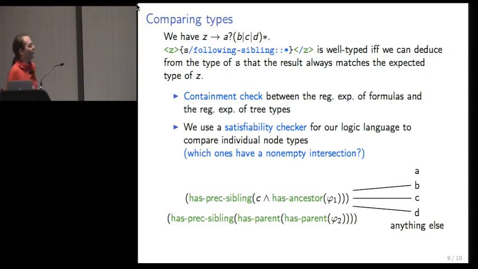And here I can compute that my first formula is compatible with B, C, and D, but not with A, and not with anything else. So I can deduce from that any node which satisfies that formula is either a B, a C, or a D, and nothing else. And the second formula actually matches nothing on the right, because in fact this formula is not satisfiable.